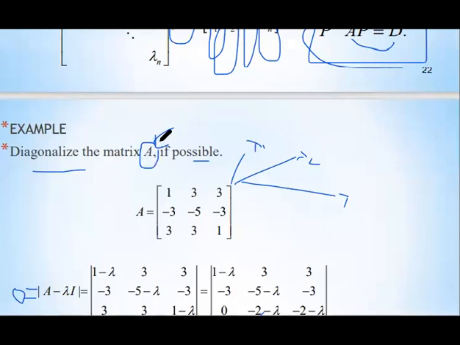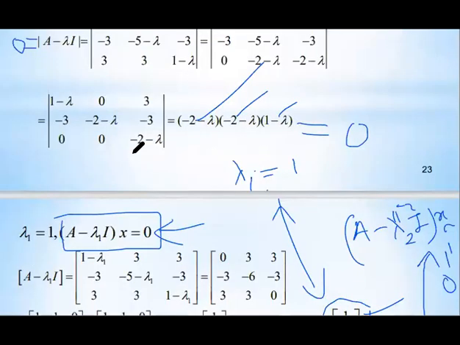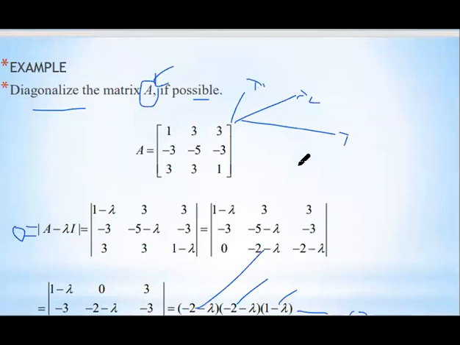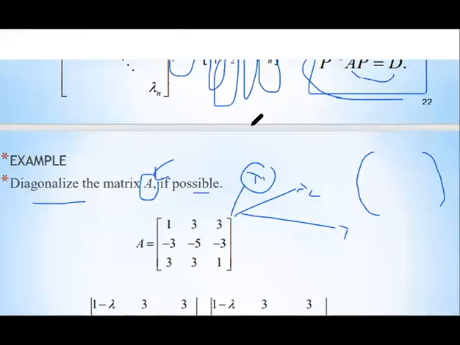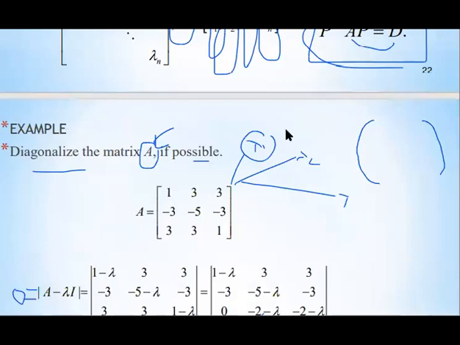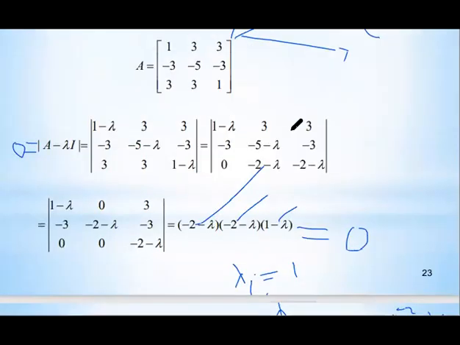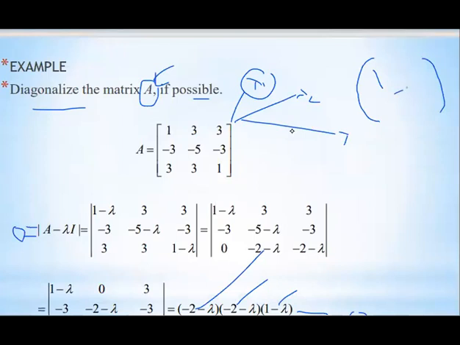A is similar to a diagonal matrix. So what is that diagonal matrix? It has the eigenvalues we found: lambda 1 is plus 1, then minus 2, minus 2. So A is similar to this diagonal matrix.